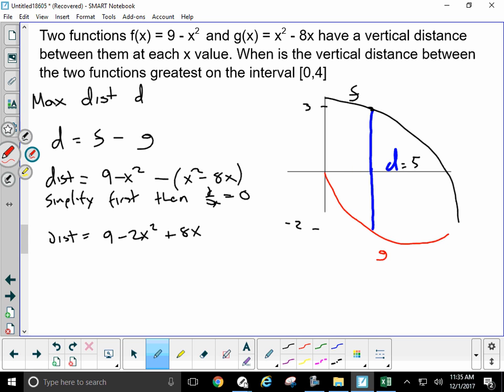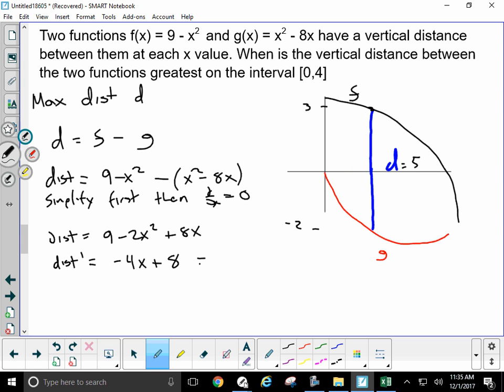When I take the derivative, I'm just going to say this is distance prime, the instantaneous rate of change of my distance. When that's 0, I'm going to go from a positive instantaneous rate of change to a negative instantaneous rate of change, which means my distance goes from increasing to decreasing. I'm going to have a max. Or I might have a min. Let's just find out. So I take the derivative, I get negative 4x plus 8.